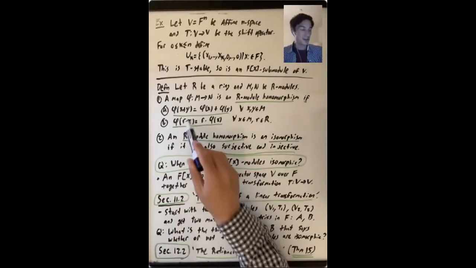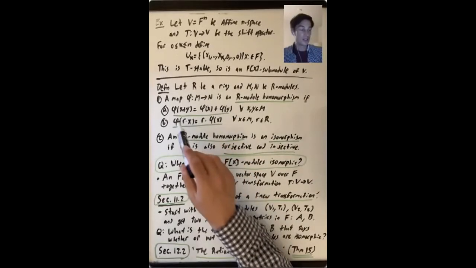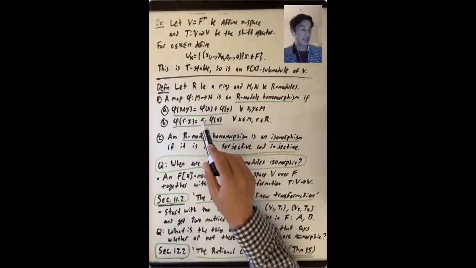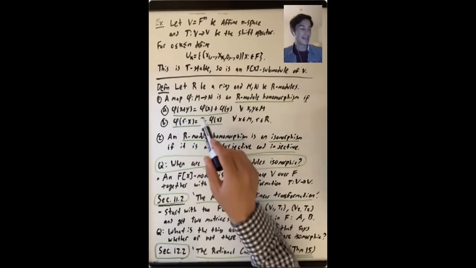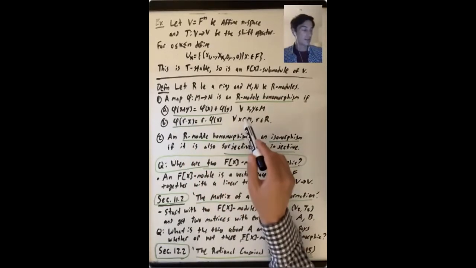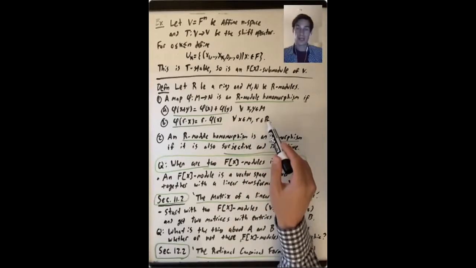And it needs to behave nicely with respect to the action of R on M. So phi of r dot x equals r dot phi of x for any x in M and r in the ring.